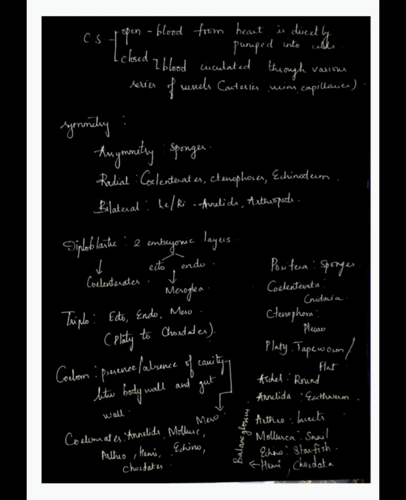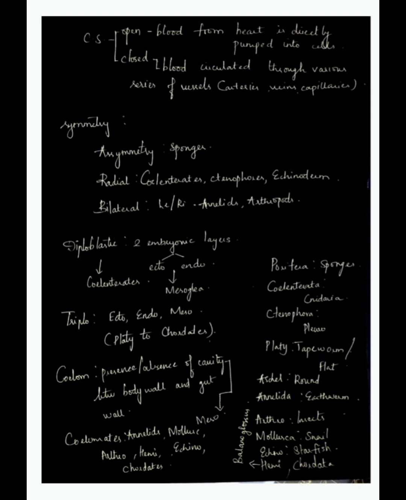Closed circulatory system is where blood is circulated through a series of vessels. It doesn't pump directly into cells. It goes through a series of vessels, and those vessels are arteries, veins, and capillaries. Arteries, veins, and capillaries carry the blood in our body.